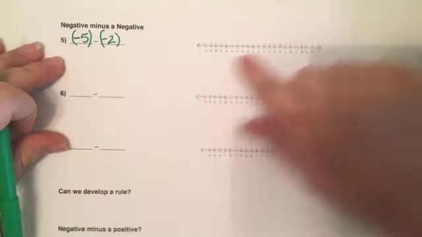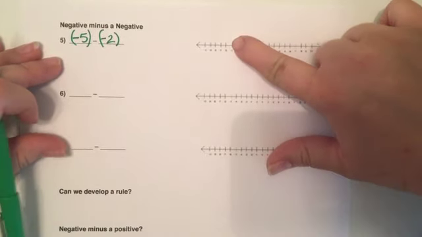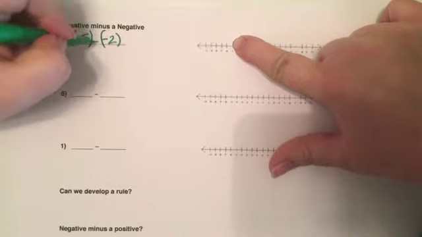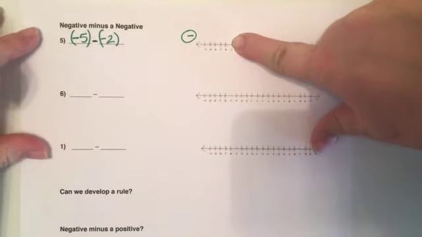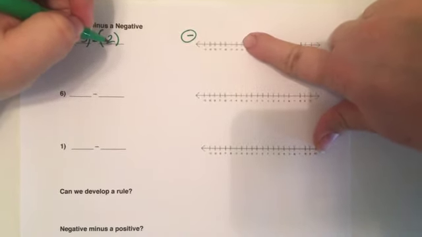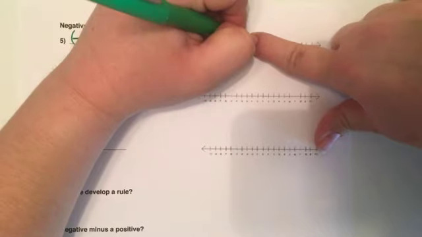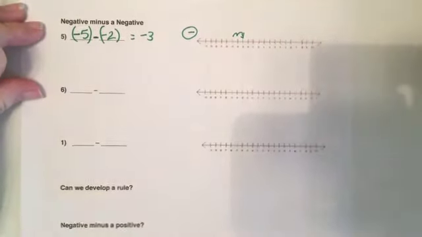On our number line, we can start at negative 5. 1, 2, 3, 4, 5. Perfect. Since it's a subtraction sign, I can face the negative side of my number line, and then I can move my finger backwards 2 spaces, which is really going to be negative 3.